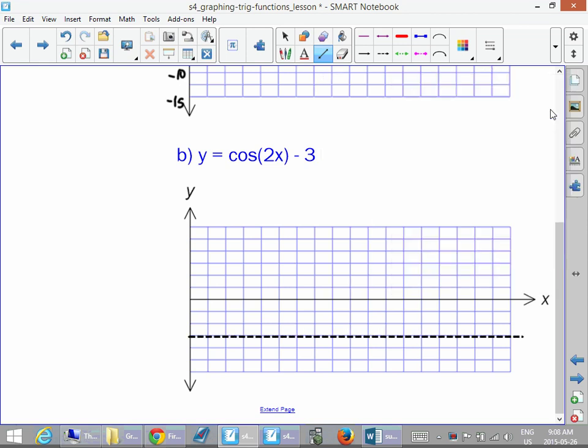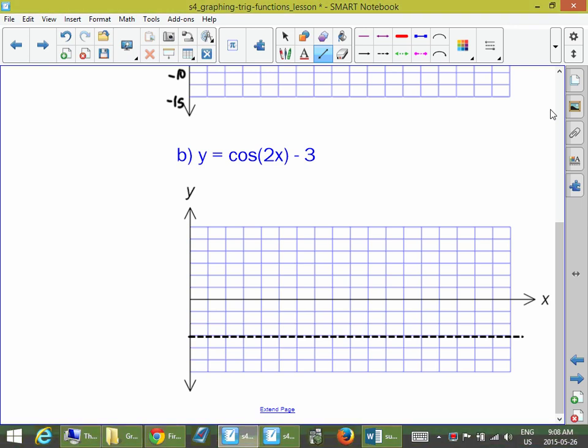All right. Because there's no number to represent A, the amplitude's 1, okay? That's fine. So our scale here is going to look like this then. 0, 3, 6, negative 3, negative 6.